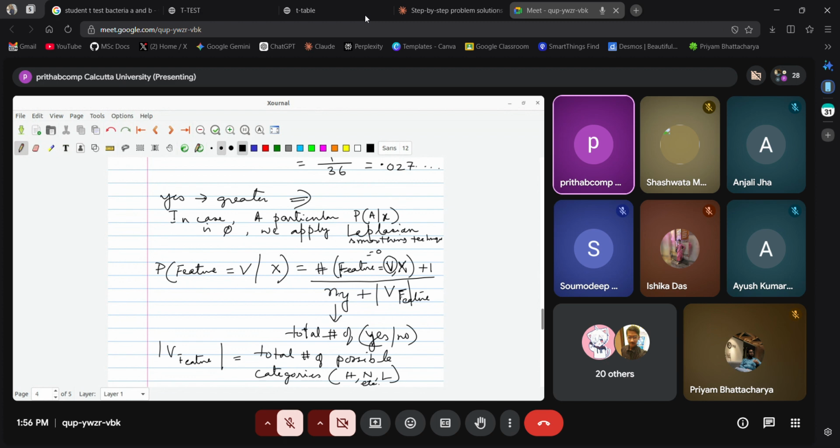But it will definitely not give the least possible error. The least possible you can get only by the Bayes classifier, where all the interactions are known beforehand and you can use the Bayes theorem in its true sense.